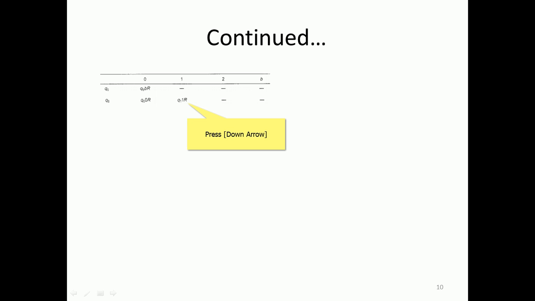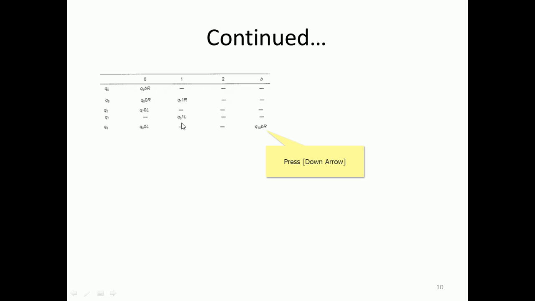Q6 goes to Q1 when 1 appears as the input symbol, keeps moving right and maintains the 1. Q5, that is Q7, on 0 moves towards the left side. And in the case of input 1, Q7 changes state to Q8 with 1 comma L.